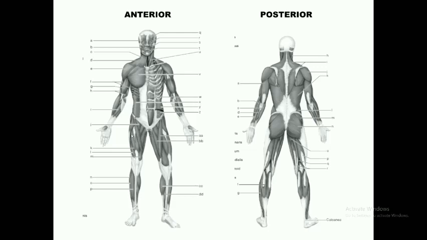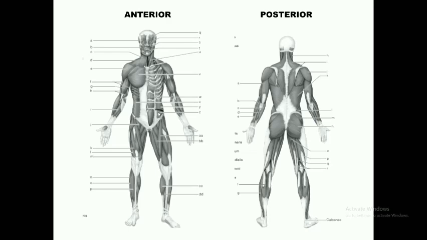Next, 20, vastus medialis. So vastus medialis is located here. This muscle is located in the knee area. So that is vastus medialis. Number 21, transversus abdominis.